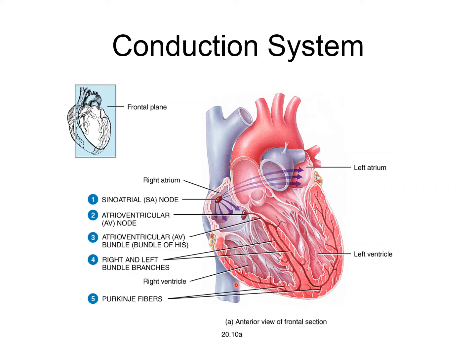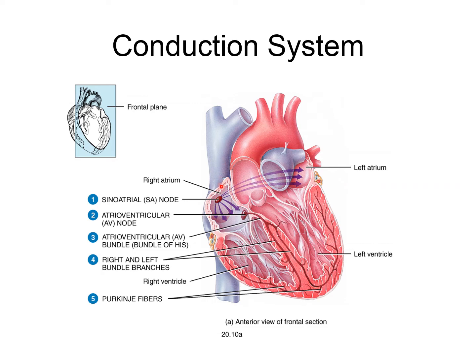And the nodes are contained in the wall of the right atrium and named according to their position. We know the sinoatrial node is medial to the opening of the superior vena cava, so it is in the middle of the opening of the superior vena cava.